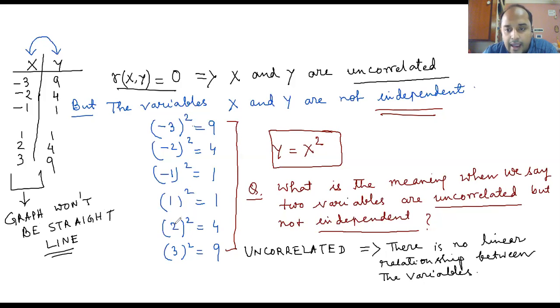Okay, and when we say that the variables are uncorrelated, that means that there may not be any linear relationship between the two.